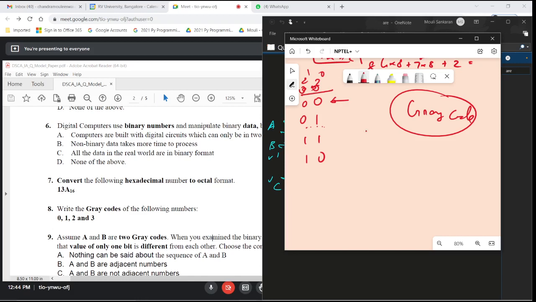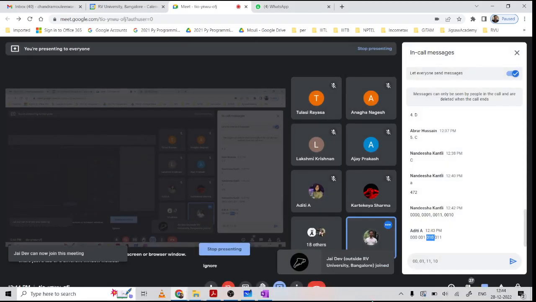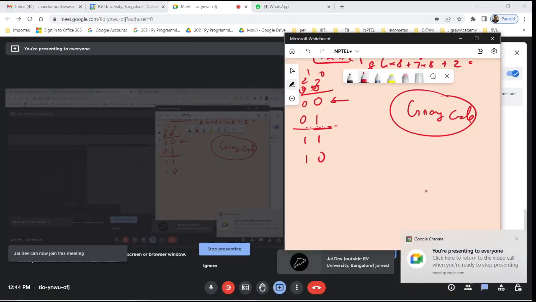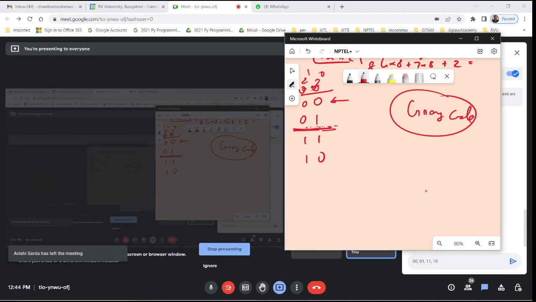Gray codes are computed like this: starting with 0, 1, the two values, then find the mirror image, and then add 2 zeros and 2 ones. All the numbers above will have a 0, 0 here and all ones here.